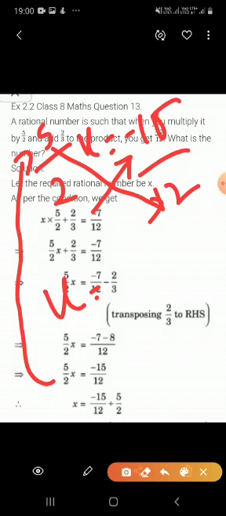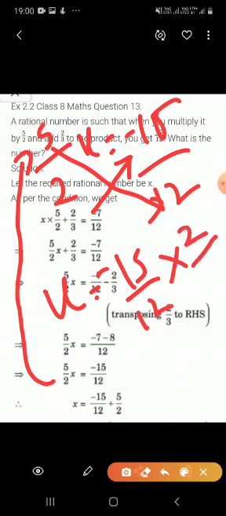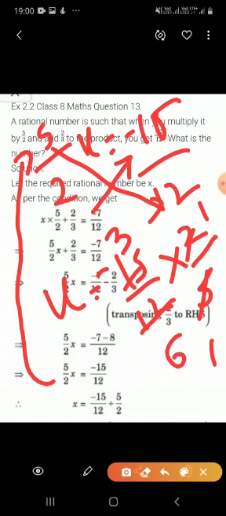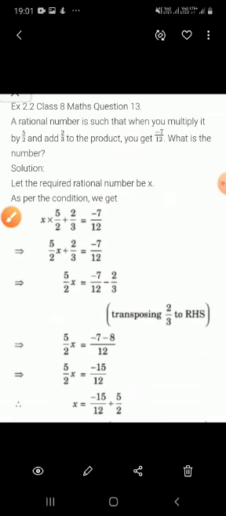So x equal to minus 15 upon 12 into 2 upon 5. This can be simplified, yes. 5 1s are 5, 5 3s are 15, 2 1s are 2, 2 6s are 12, 3 1s are 3, 3 2s are 6. So it is coming out as what? Sign is minus 1 upon 6.